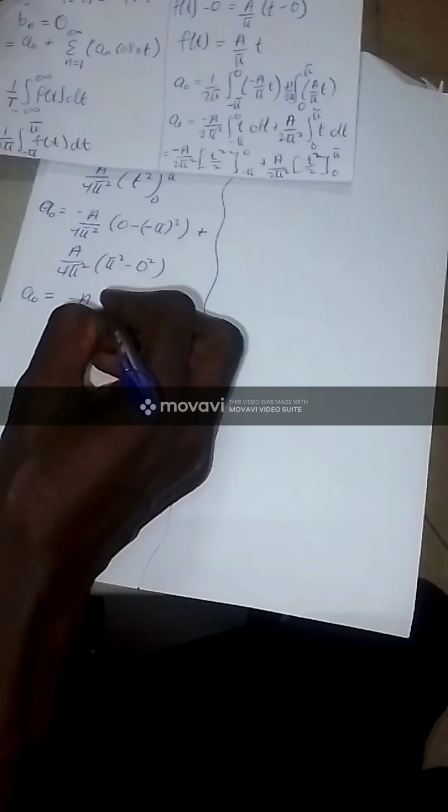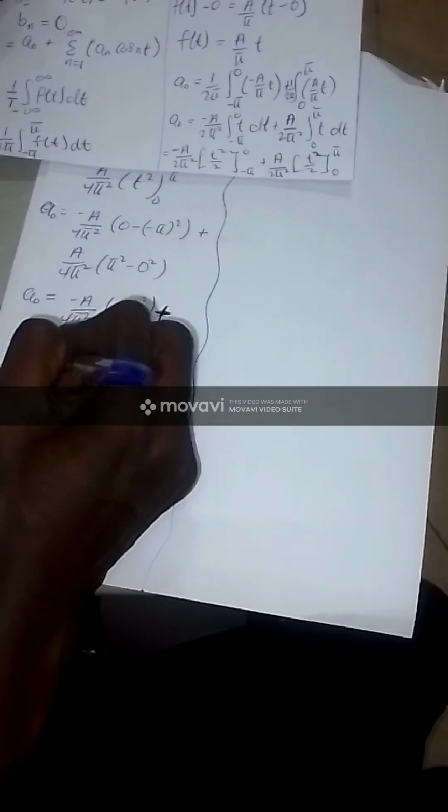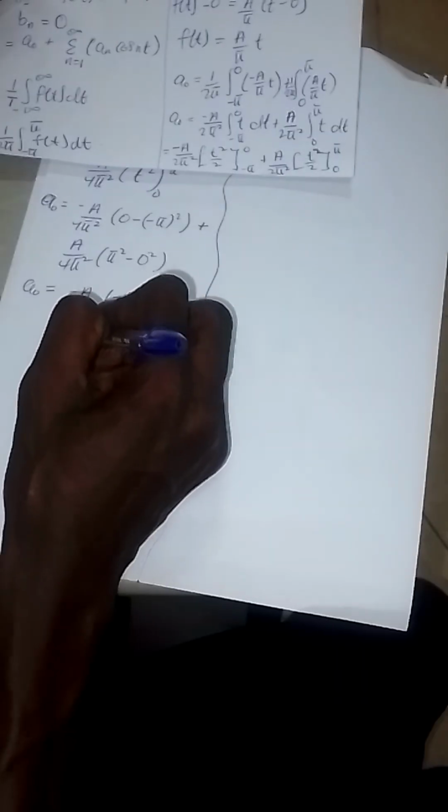So that would give me what? No, let me continue. Plus this aspect also, which is A over 4 pi squared into pi squared.